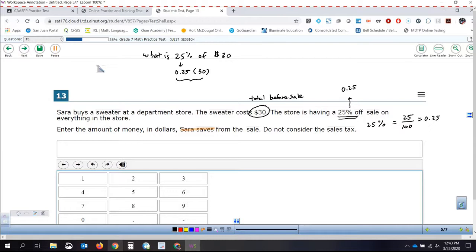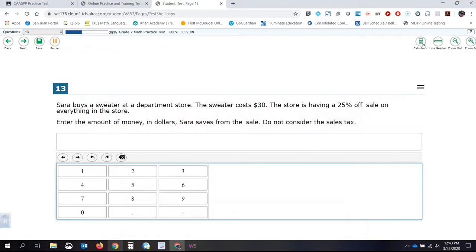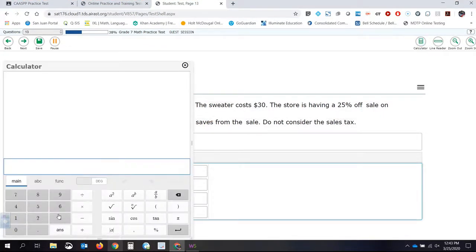And again, we could do that certainly by hand this way. But again, I notice over here that I have the calculator available. So I'm going to go ahead and use the calculator, and I'm going to type in 30 times 0.25.